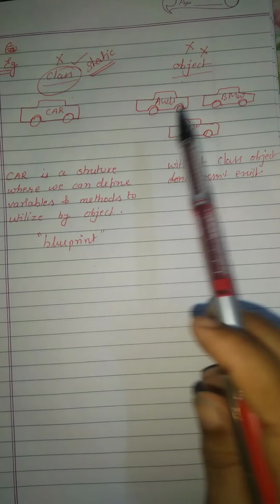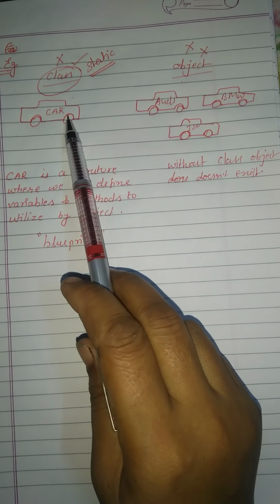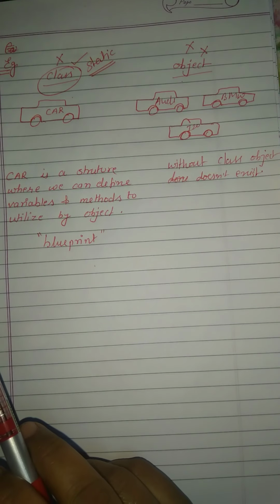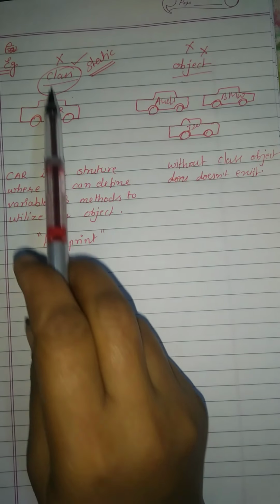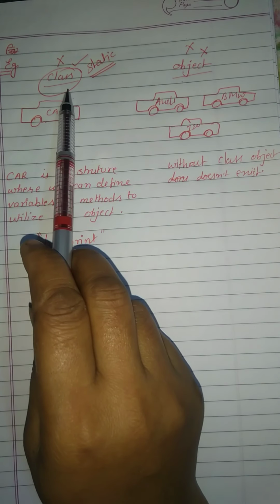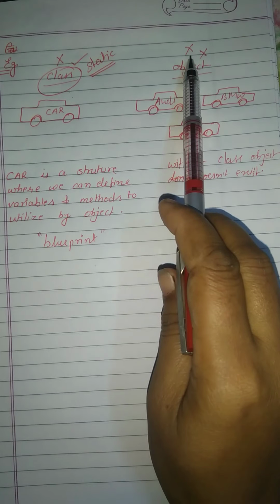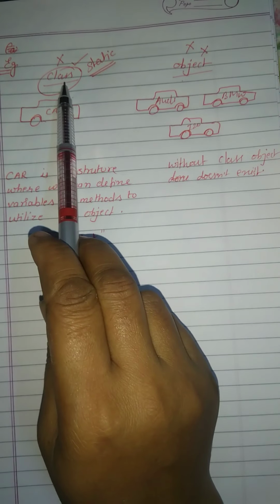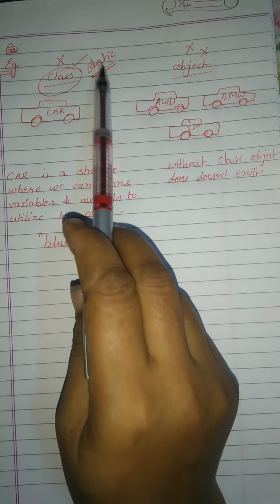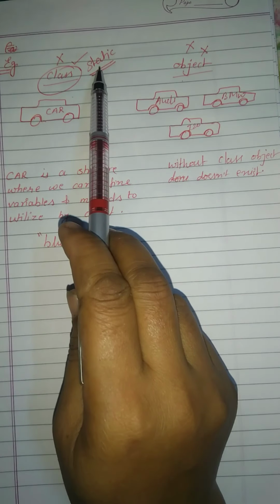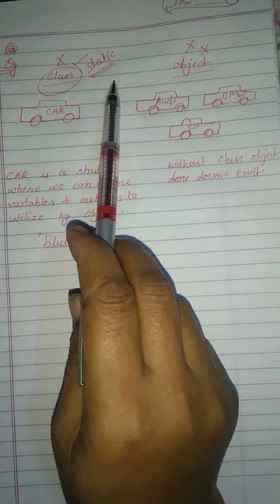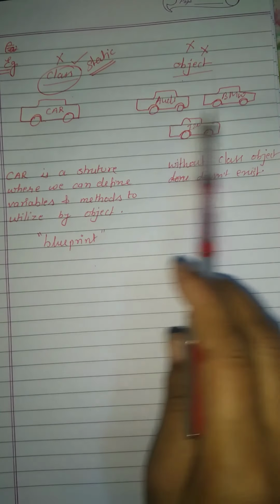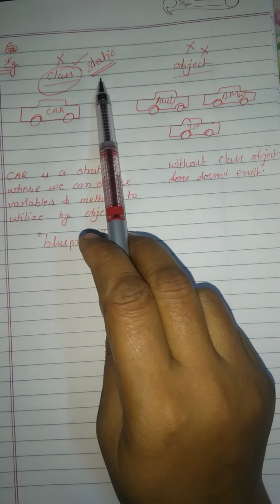If the class is not there, the object will not exist. If the object is not there, the class may be there, but only static functions. It does not have any dynamic features.